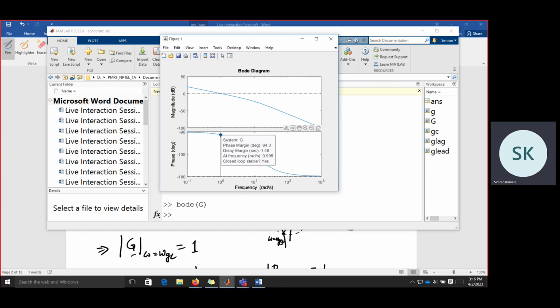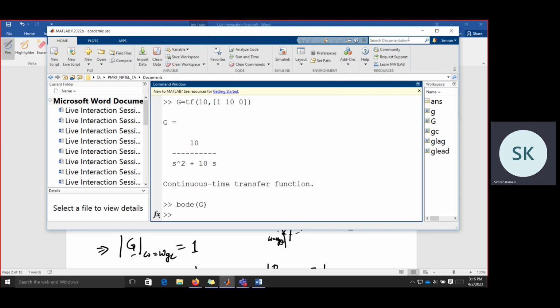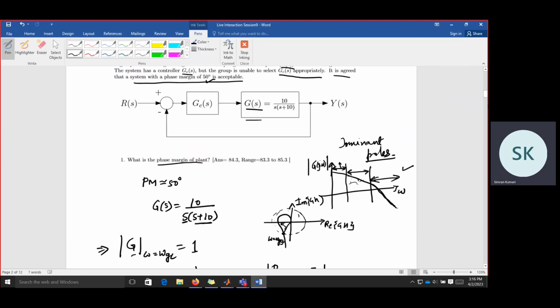So what is the phase margin? We can see here it's 84.3 degree. And what is the gain crossover frequency? This is 0.995 as we have calculated theoretically. So this much we know.